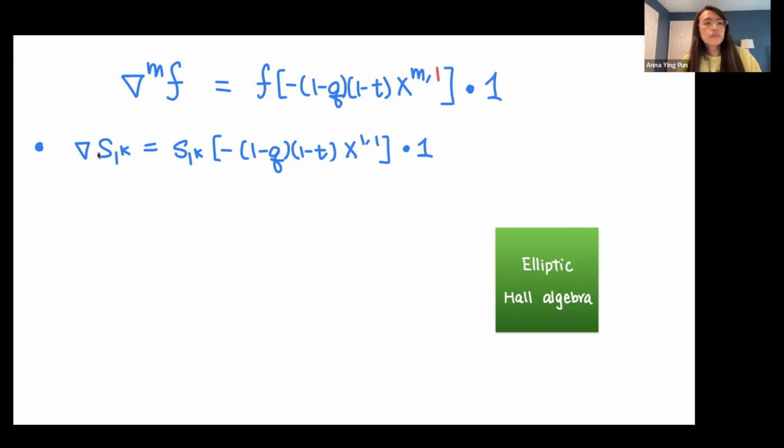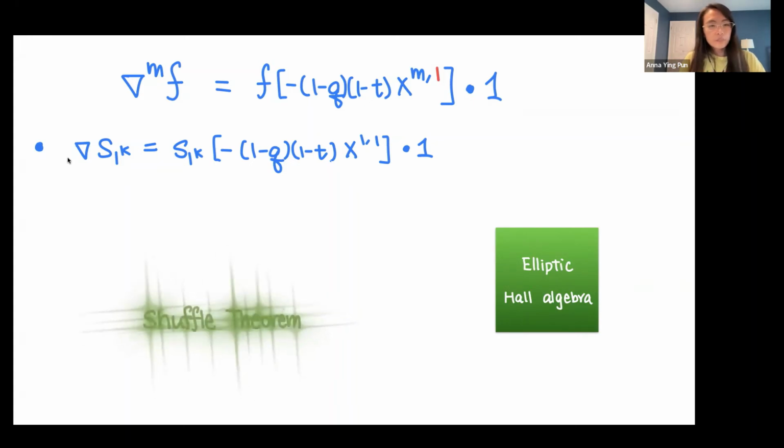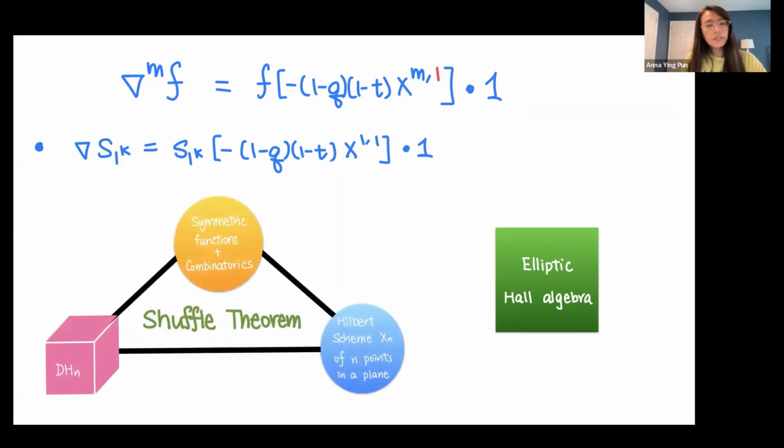I can describe this thing, which I know how to explain as an image of the Frobenius map of the diagonal harmonics, and I know how to talk about it in Dyck paths. Now I can talk about it as an action of the elliptic algebra elements acting on the symmetric function 1. So I have another explanation of this thing. That connects the whole shuffle theorem with the elliptic algebra, which is very cool.